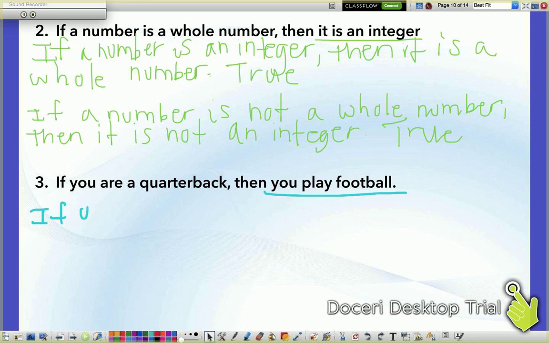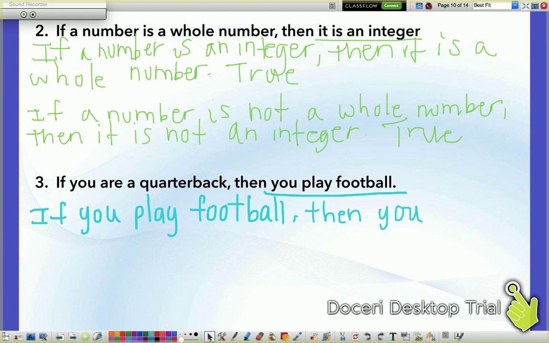If you play football, then you are a quarterback.